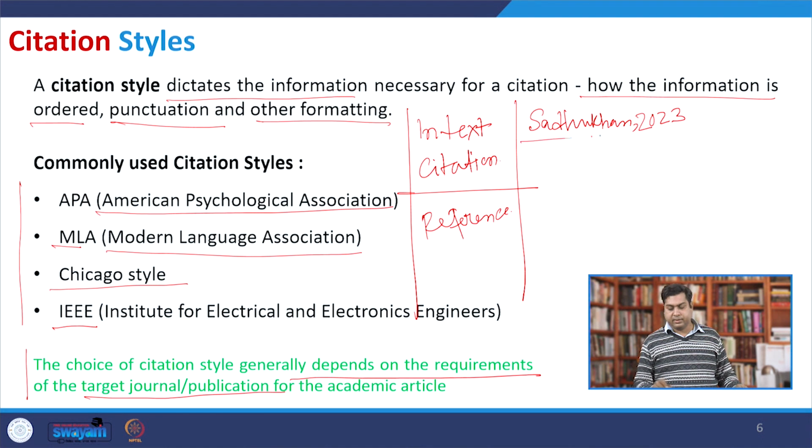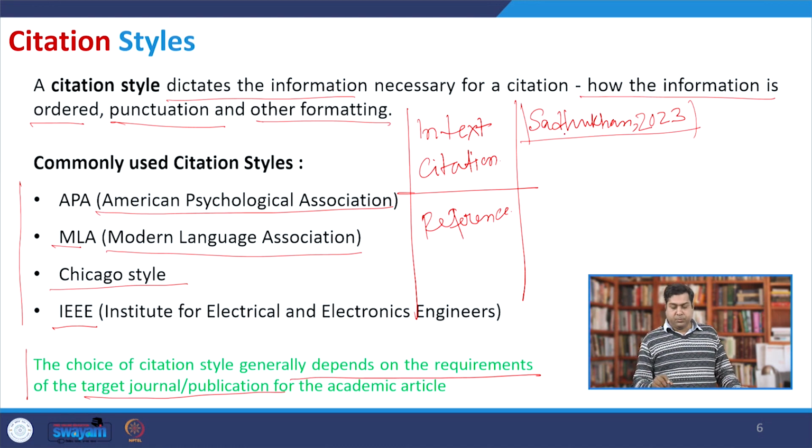This is a typical citation, but when we discuss IEEE, it is not like text in text; it is something called numbered. They assign a number in a particular chronological order to each publication.